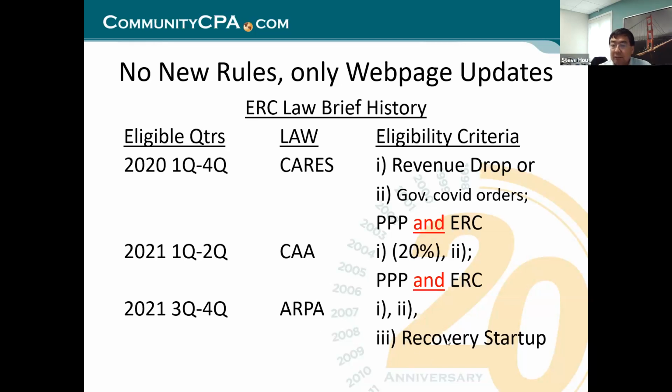Okay, and I guess that's the American Rescue Plan Act. So that's ARPA, American Rescue Plan Act, in March 2021. And in that law, a new criteria was introduced for those small businesses that started in 2020 or 2021.